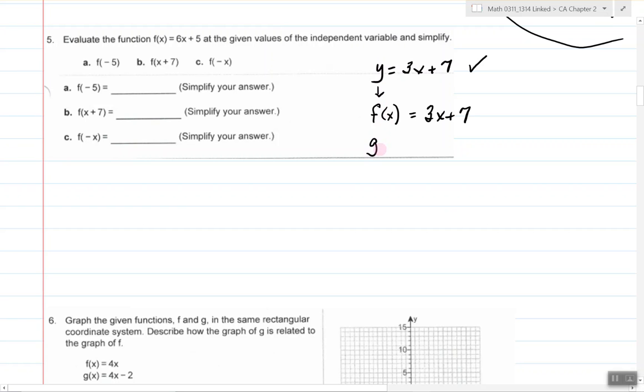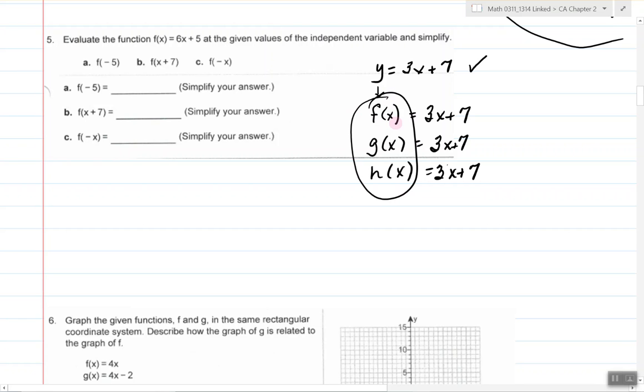We could call it g of x, 3x plus 7. We could call it h of x, 3x plus 7. These are the typical function names, but certainly other letters could be used. So think of this as nothing more than a name change.